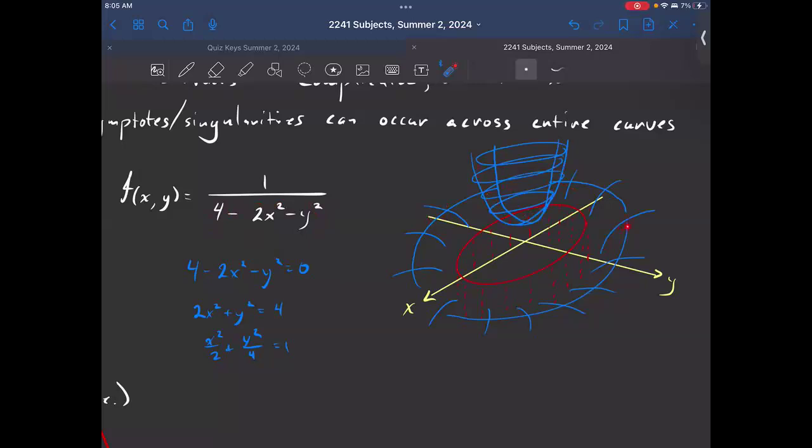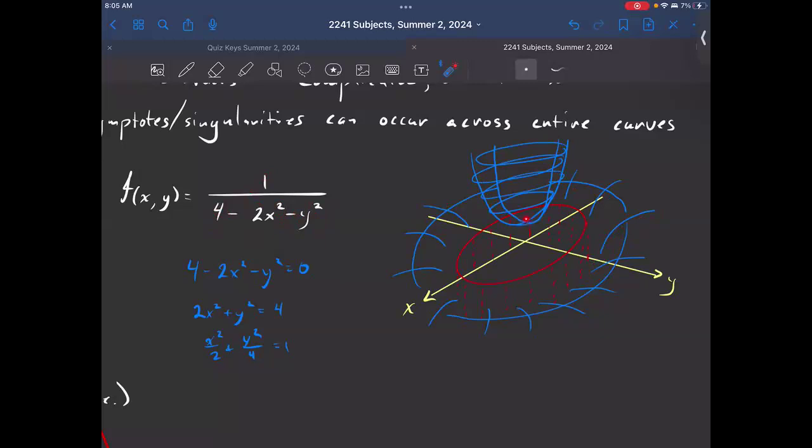And so on the outside, it turns out this function is negative and it goes down towards the asymptote. And on the inside, the function is positive and it goes up towards the asymptote. You can figure that out just by checking some values. So if I put 0 in here, I get 1/4, which would be at the bottom here. And that's a positive number.